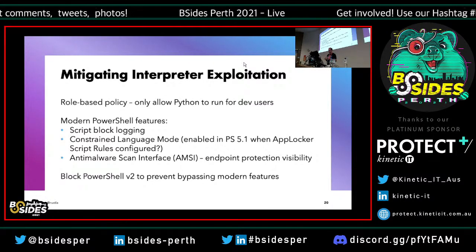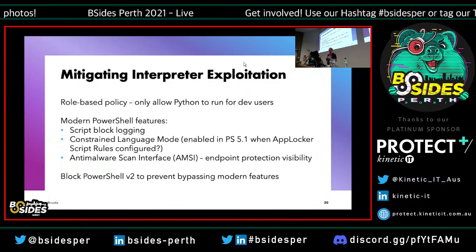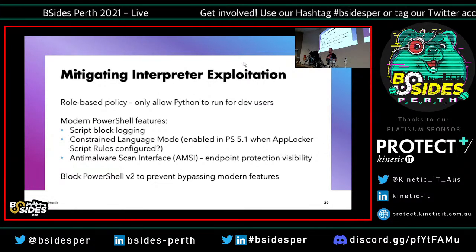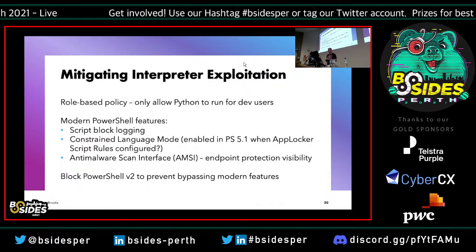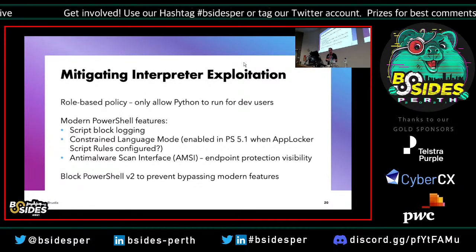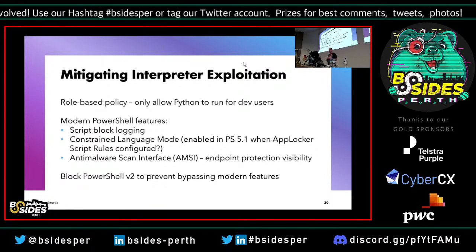And when I was playing around with the download technique here, I found that on a system with PowerShell 5.1 installed and an Applocker policy configured and script rules enforced, constrained language mode was just enabled.